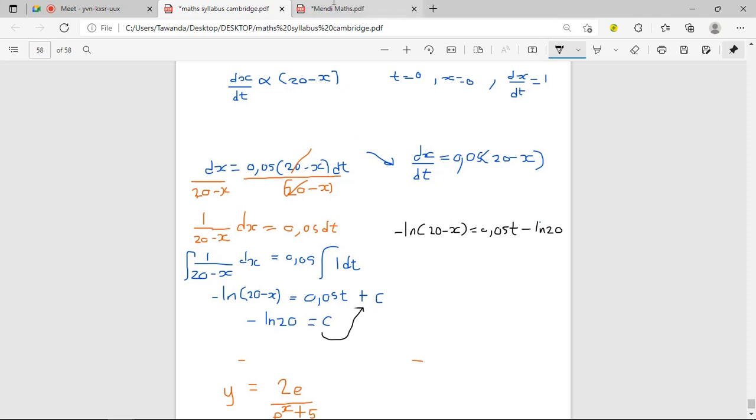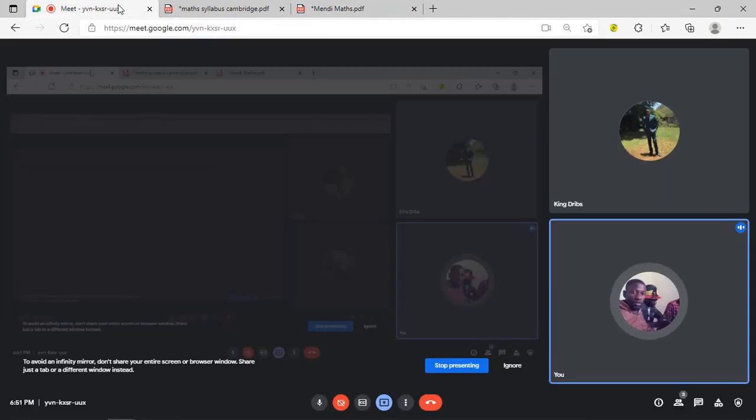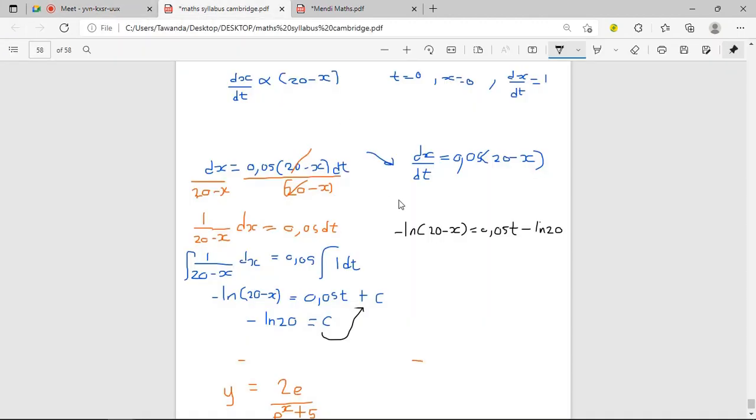You get all the 5 marks, because they are saying in any form. So if you want to leave it like this, it's okay. You get your 5 marks.